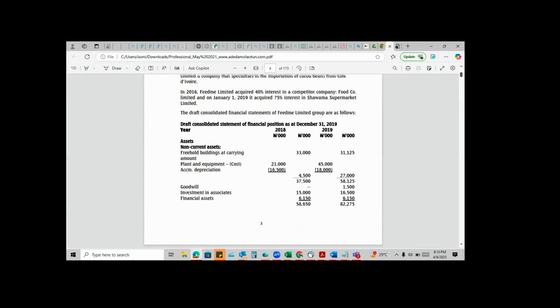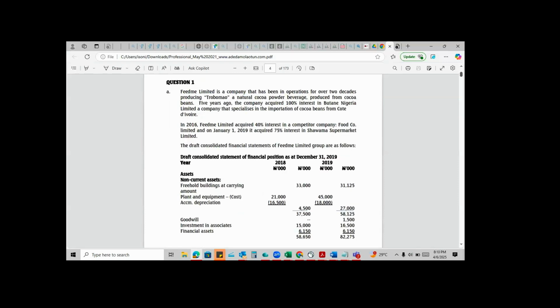Feed Me Limited is a company that has been in operations for over 2 decades, producing Trobomau, whatever that is. They said it's a natural beverage. So the company acquired 100% interest in Butane Nigeria Limited, a company that specializes in the importation of cocoa beans from Cote d'Ivoire.